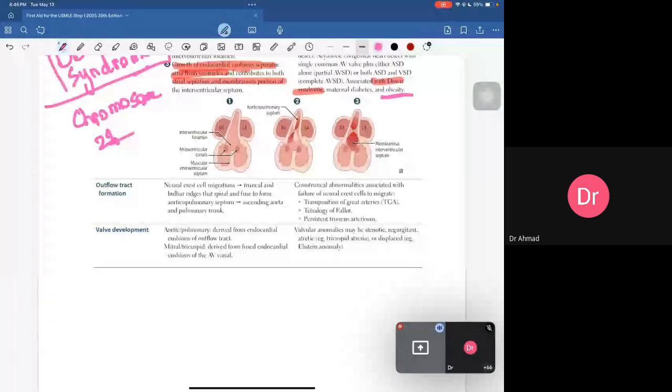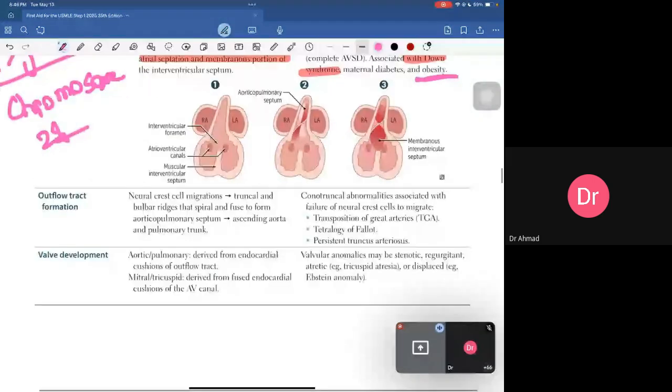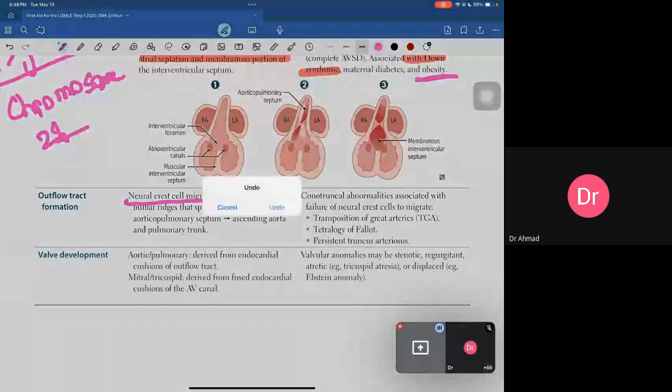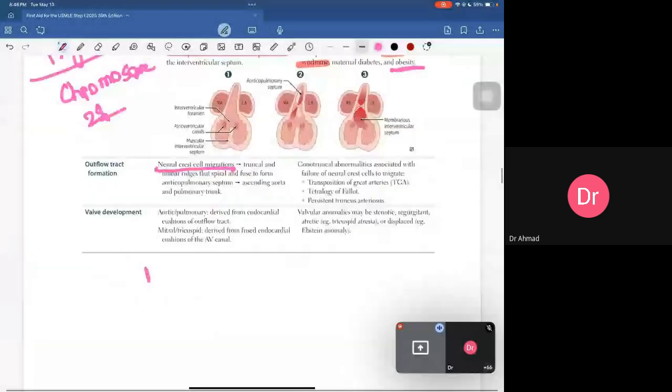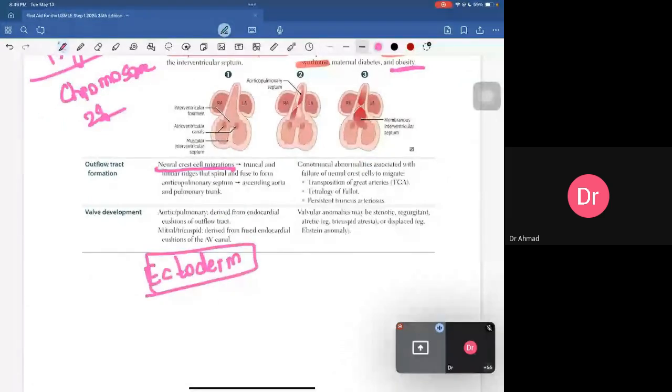Now another thing. How does the outflow tract form? The derivatives here are very important. So neural crest cells come. What are neural crest cells, right? So neural crest cells are the cells which come from the ectoderm, right? So we have the ectoderm that is formed in the baby, and that ectoderm will lead to the formation of neural crest cells that migrate.